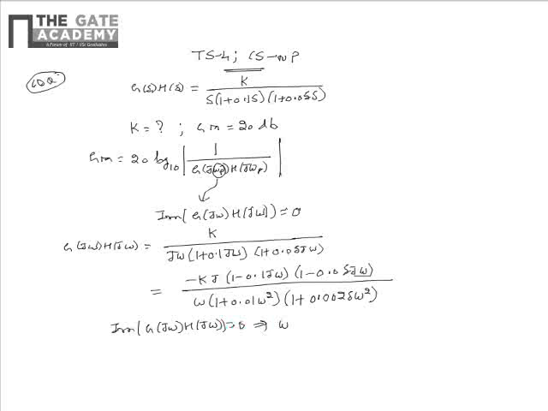we see that the phase crossover frequency omega p can be written as 10 root 2 radians per second.